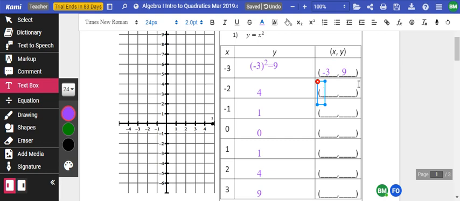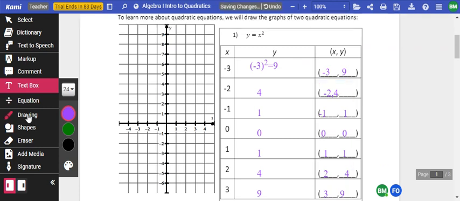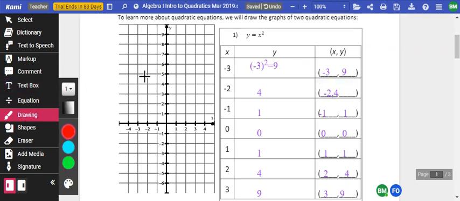So these give us these lovely points here. We get (-2, 4), (-1, 1), (0, 0), (1, 1), (2, 4), and (3, 9). So we can just take this and plot those points.